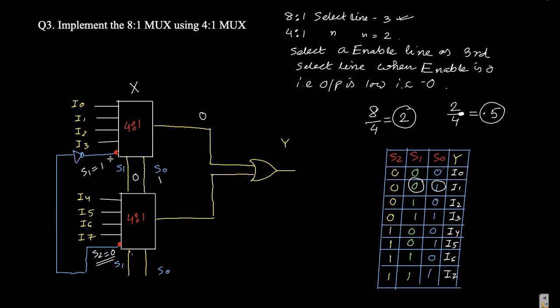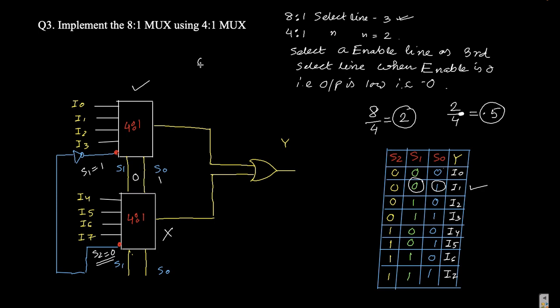Now for this S1 is 1, it means that this multiplexer is working, but this multiplexer does not work. For this it is very simple. For S0 is 1 and S1 is 0, the output is 1, because it is a 4:1 multiplexer.